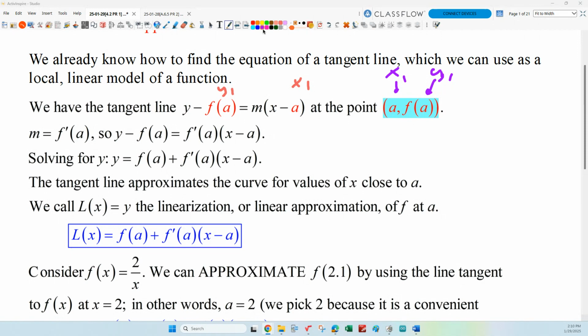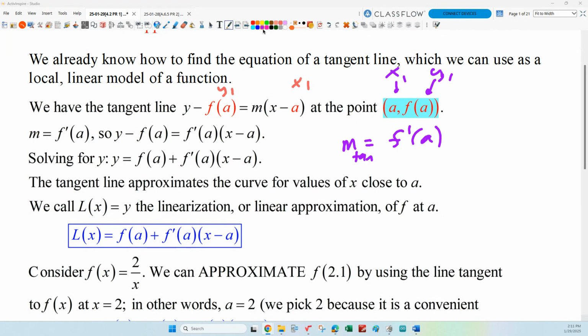And then the slope, m, is the slope of the tangent line, so that's just f prime of a. And so we just end up with y minus y1 equals m times x minus x1, only in terms of a's. And then we just solve for y.